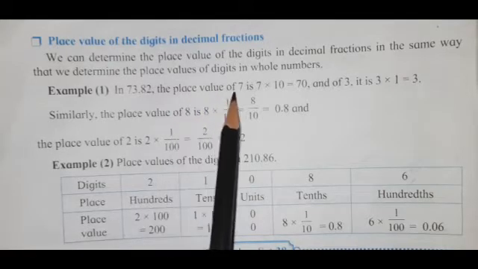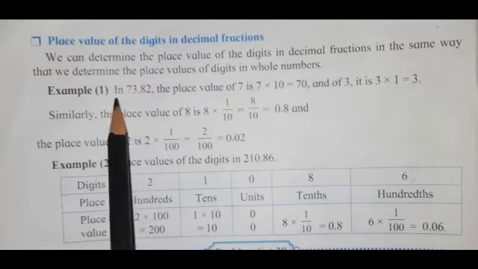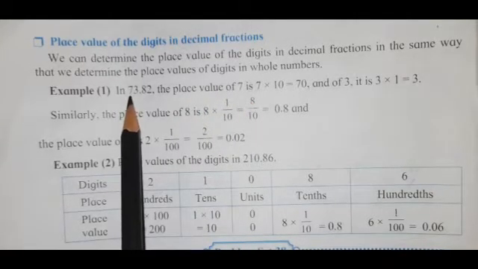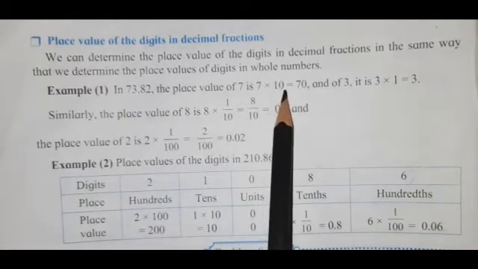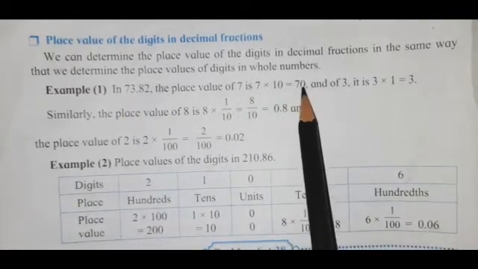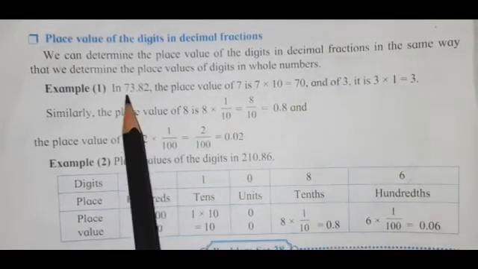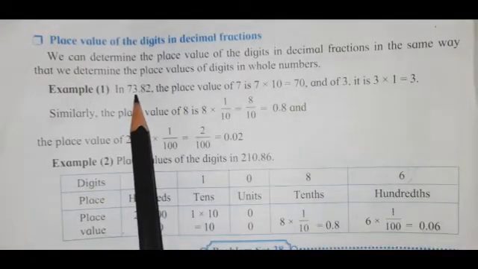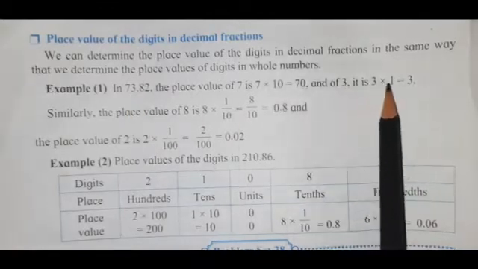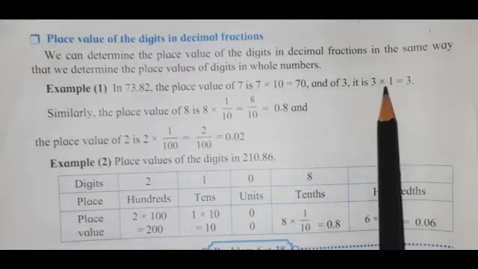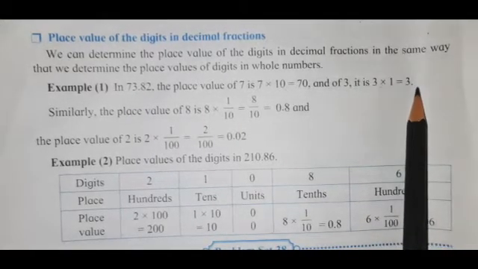The place value of 7: 7 is at the tens place, so 7 multiplied by 10 is equal to 70. And 3: the place of 3 is the units place, so 3 multiplied by 1 is equal to 3.